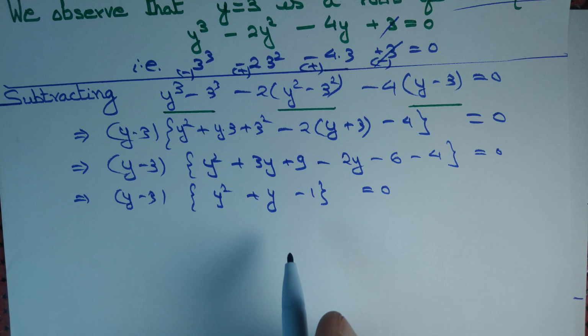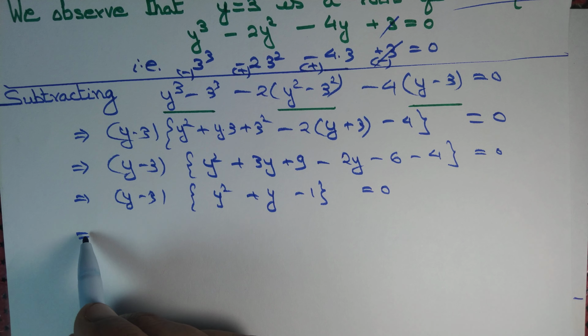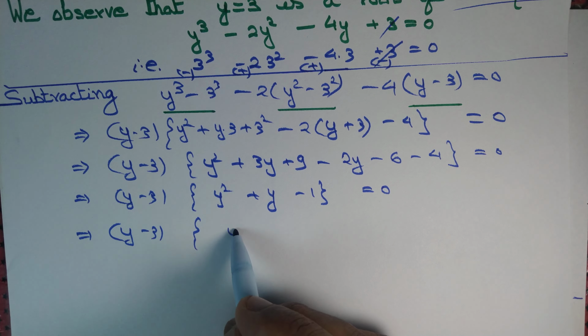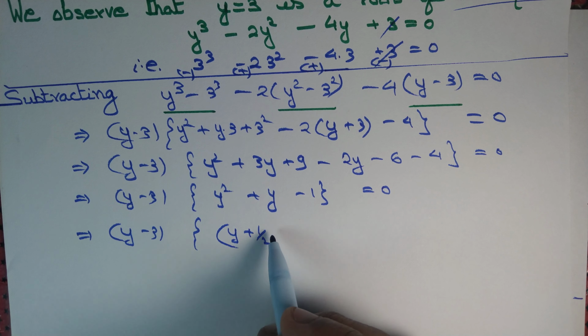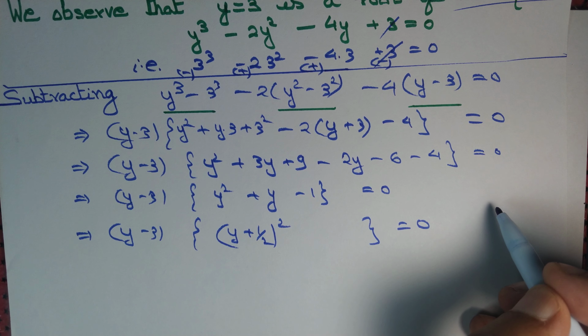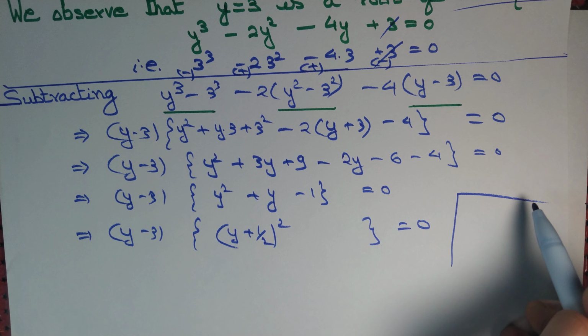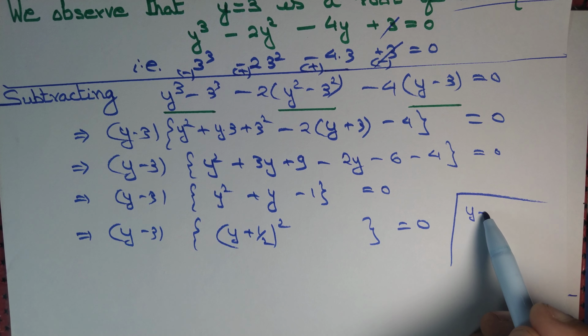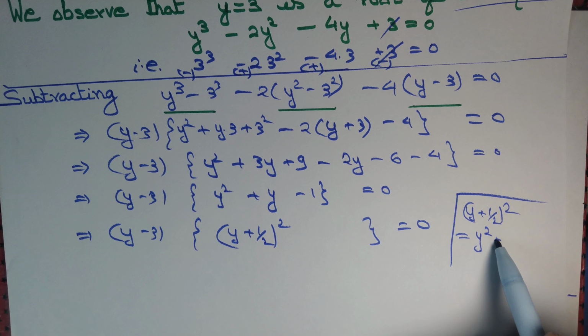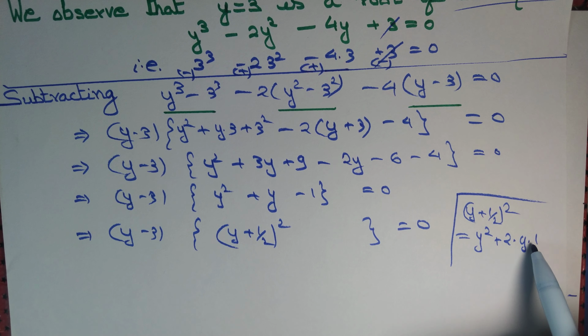Okay, we can factorize it, but we will not factorize it. We will just write it as something like y plus half whole thing square. But are we correct? No. Observe that y plus half whole thing square equal to y square plus 2 into y into half plus 1 by 4.